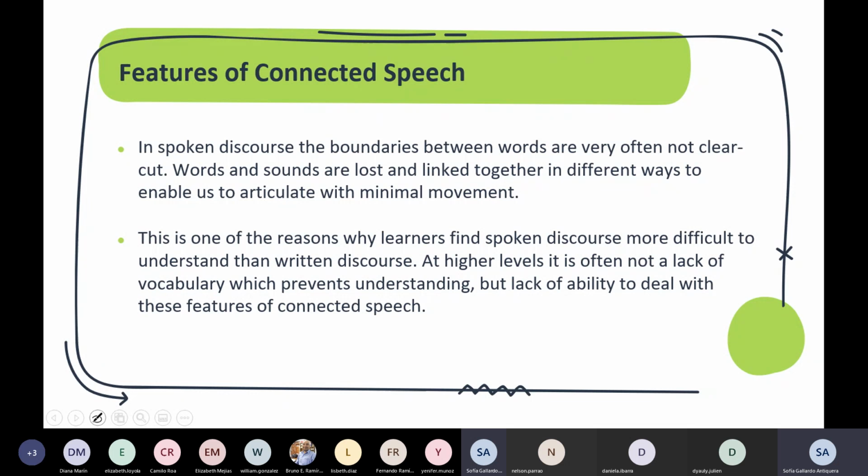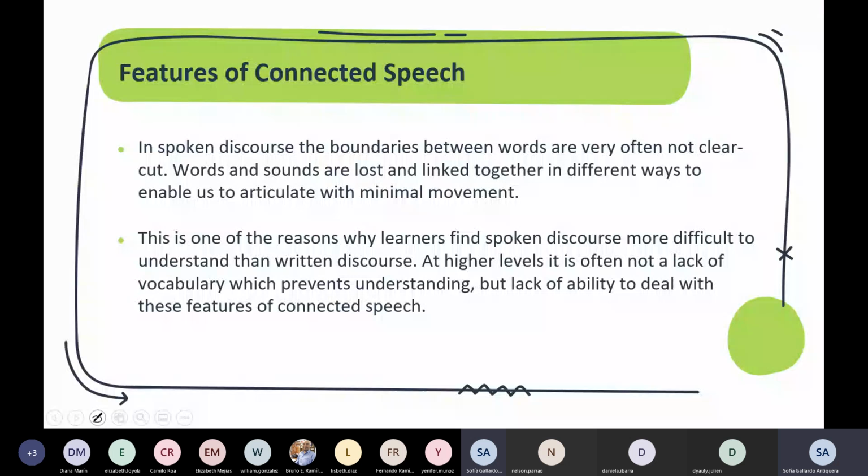This is why it is important to try to use features of connected speech, because words and sounds are lost and linked together in different ways. These different ways will help us to articulate, to speak with minimal movement.